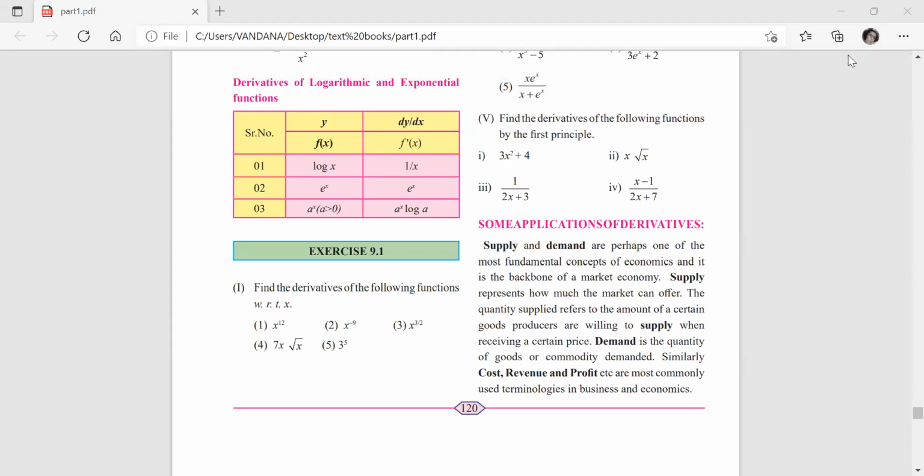Application of derivatives in economics. We know that there are two factors of market, that is demand and supply. And both demand and supply are basically functions of price.